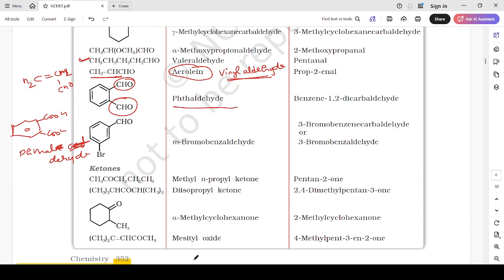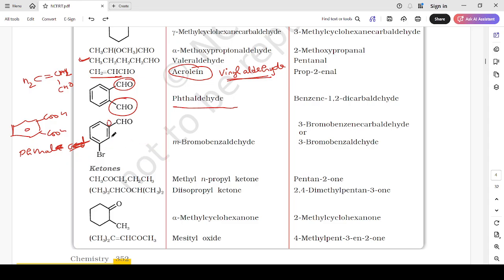Next, alpha, beta, gamma, correct? But this alpha, beta, and gamma you will use for aliphatic compounds. What kind of compound is this? Aromatic, isn't it? It's a benzene. So I won't use alpha, beta, gamma.